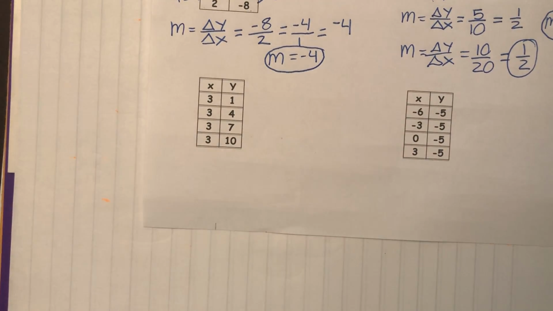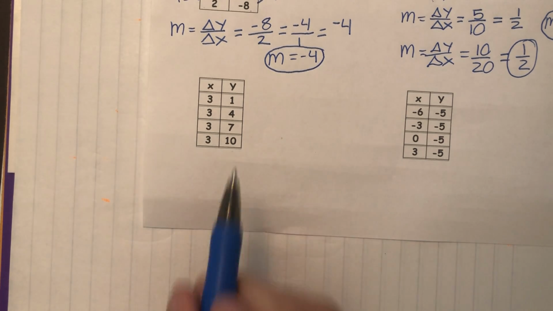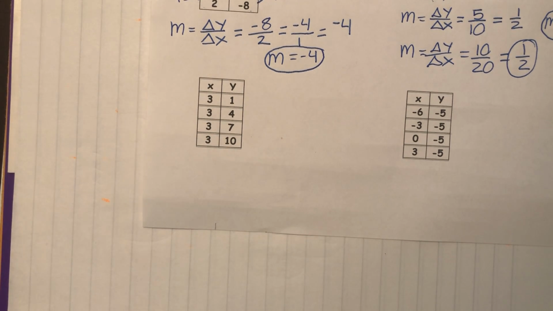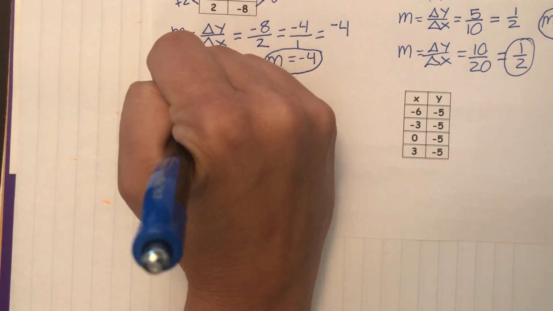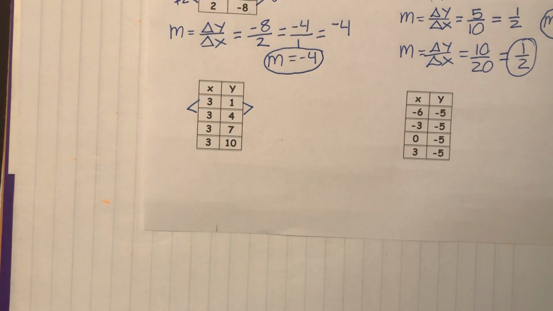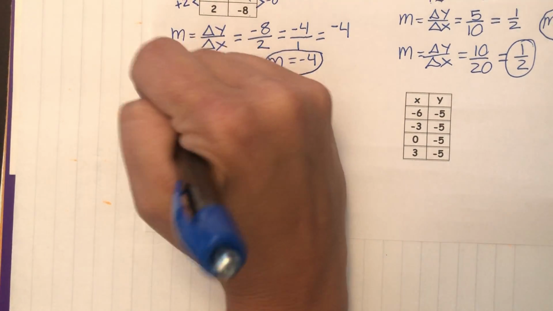Okay, the last two here. If you look at this first table here, what do you notice about the table? About either your x values or your y values? If you notice, all the x values are the same. The x values did not change at all. So when I'm calculating the change in x values from 3 to 3, that's 0.